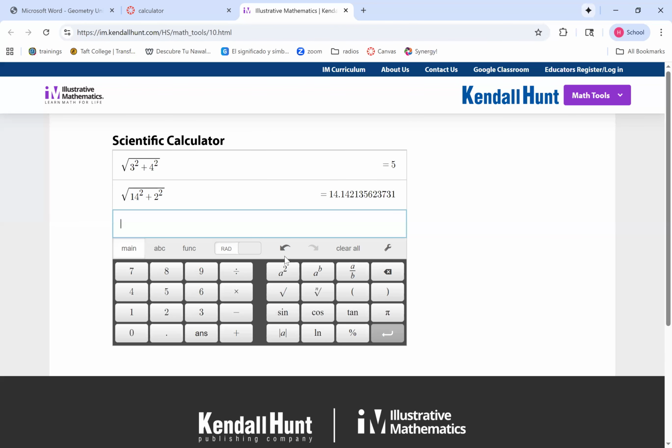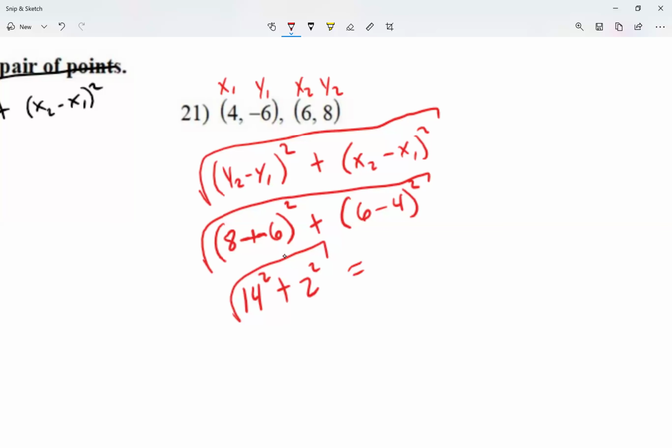Okay. Let me come back to my work here. 14.142, right? That's what my calculator said. 14.1421. But even though I said 2 decimal places, notice I wrote 3.